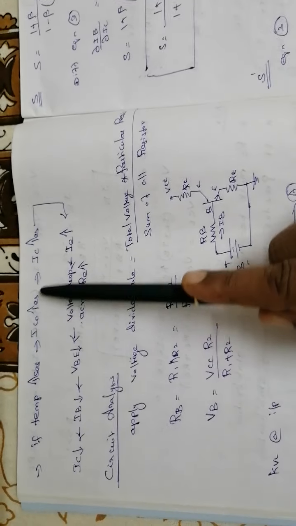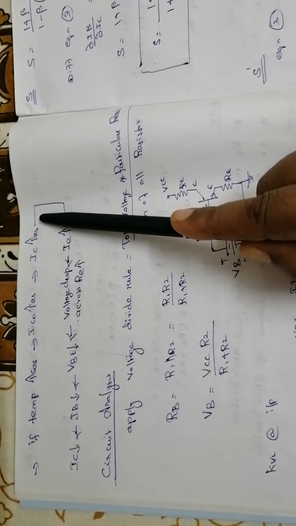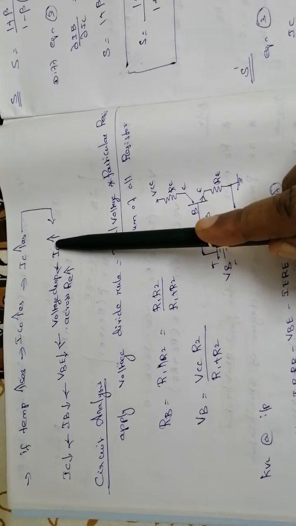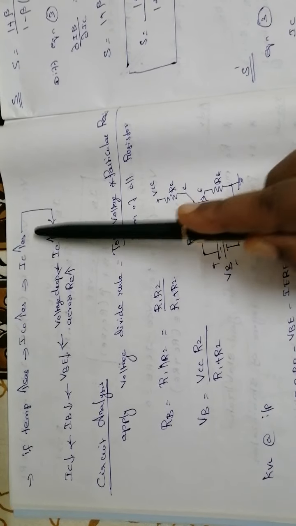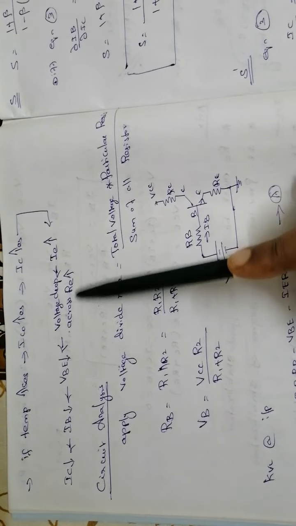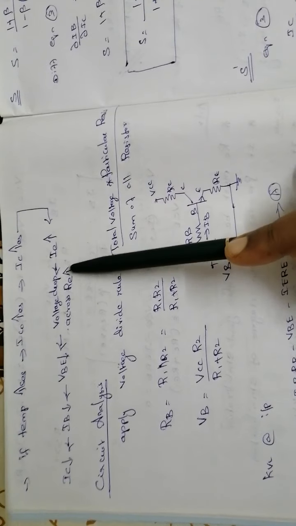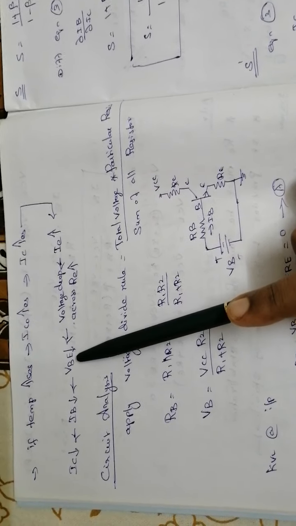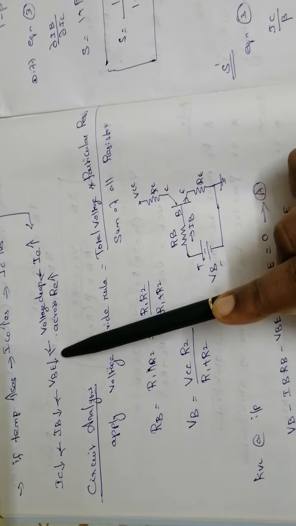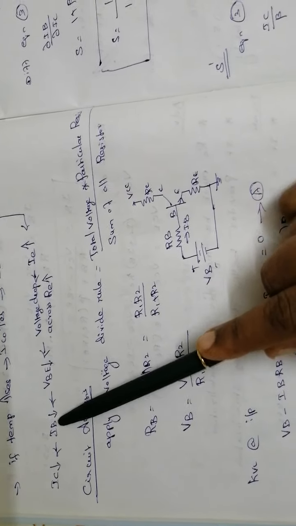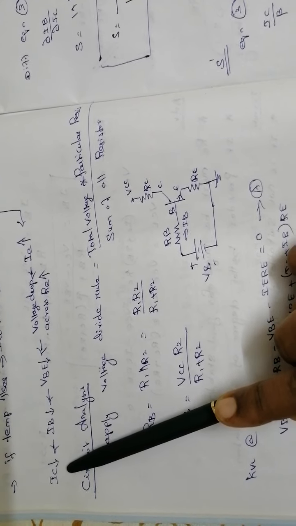Temperature increases, minority carriers increase, then collector current increases, which increases the emitter current, because the emitter current is approximately equal to the collector current. So the voltage drop across the emitter resistance also increases, which reduces the voltage across the base and emitter terminals. So if VBE decreases, it decreases the base current, then it automatically decreases the collector current.